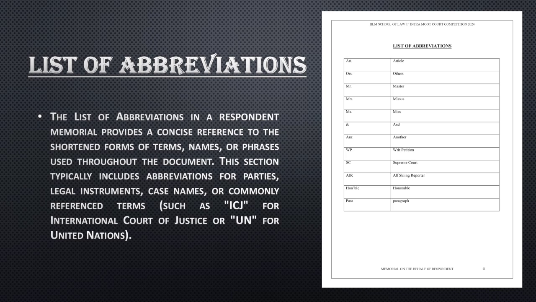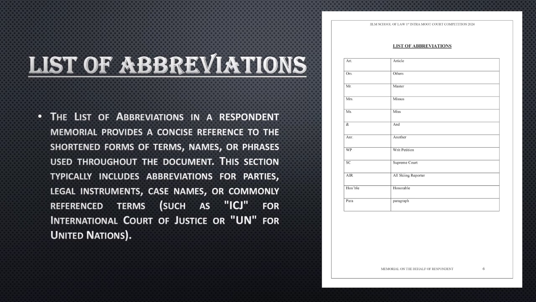The list of abbreviations in a respondent memorial provides a concise reference to the shortened forms of terms, names or phrases used throughout the document. So basically abbreviations क्या होते हैं, जो short forms हमने use करे हैं अपने memorial में, उनका full form क्या है वो हमें यहाँ पे उसकी एक list बना करके present करनी रहती है.